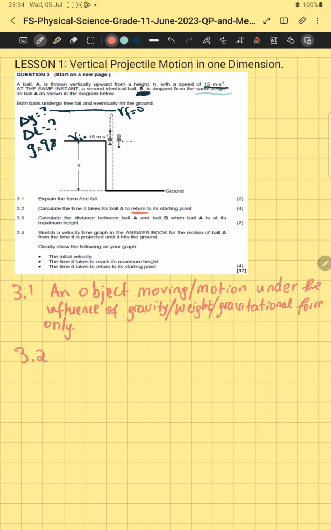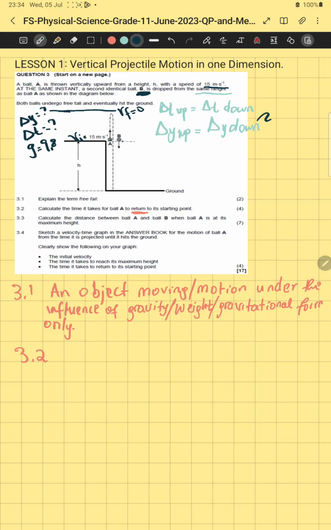Take note that the time ball A takes from this position up to the maximum height, delta t up, is equal to delta t down, from this position back to the same position. Also note that delta y up is equal to delta y down.